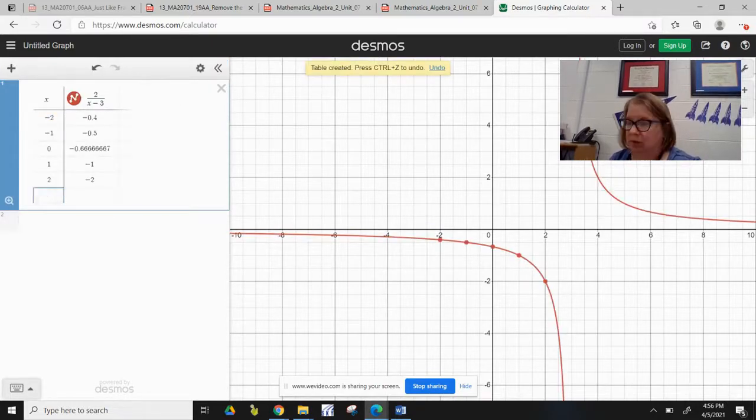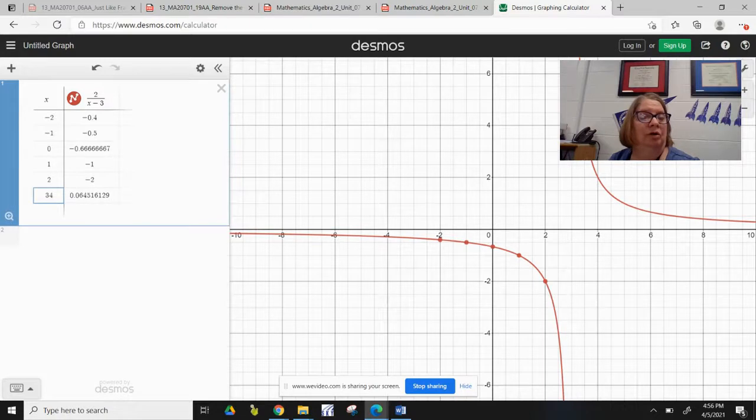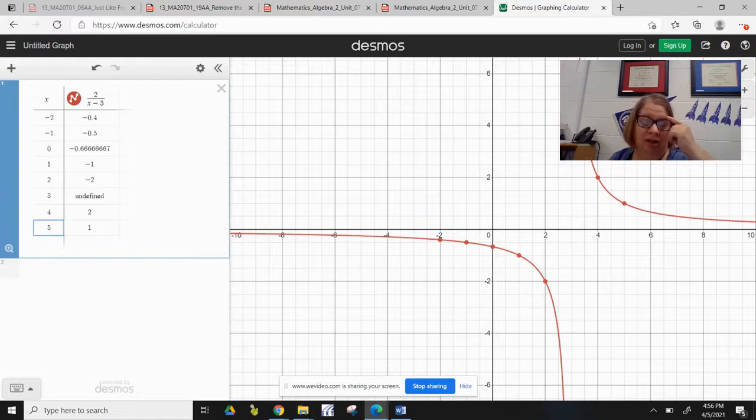And our table is 1, 2, 3, 4, 5. So there's 1, 2, then you type 3 and 4, not 34, 4, and then 5. And you can fill in your table. So do that for each one of those. And then look and see what you notice about those tables. Pause the video and then let's come back.